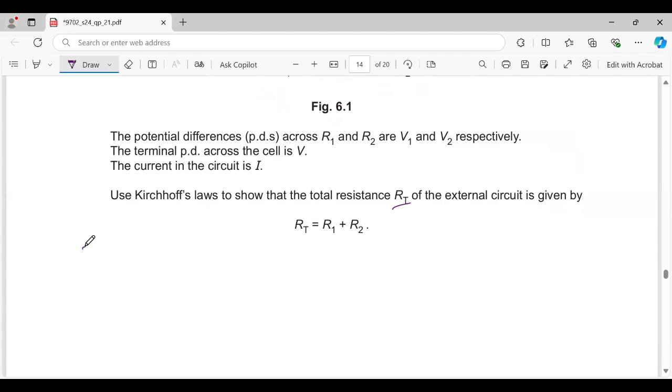I would like to start with potential difference equals electric current times resistance.